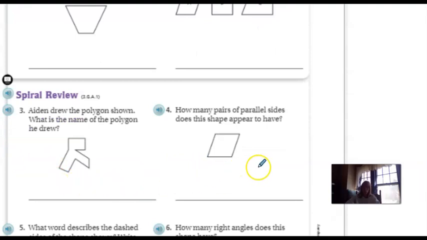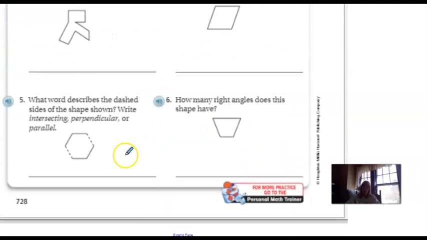We have 2 pairs of parallel lines. 5 is parallel. Right here, every single side is parallel. And then how many right angles does this have? It has 0 right angles. Those are acute, acute. This would be obtuse and obtuse.